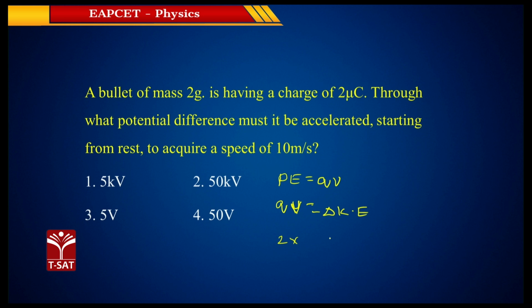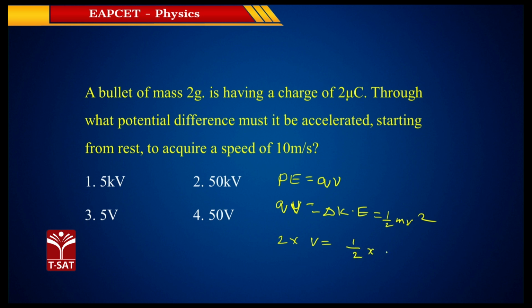A bullet of mass 2 gram is having a charge of 2 microcoulomb. The charge value is given, into V. 2 into V is equal to the change of kinetic energy. Kinetic energy you know is half mv square, that is 1 by 2 m.